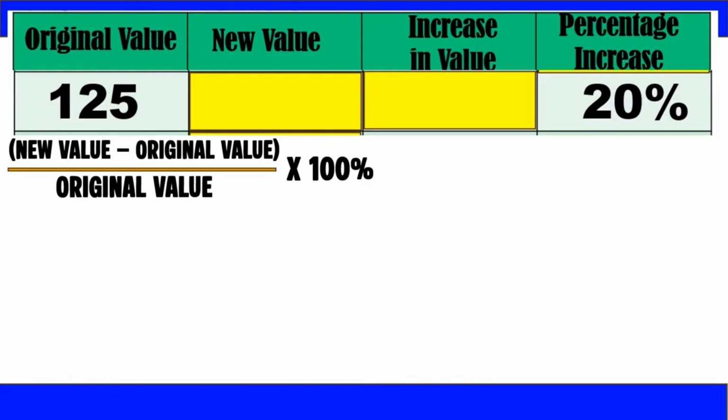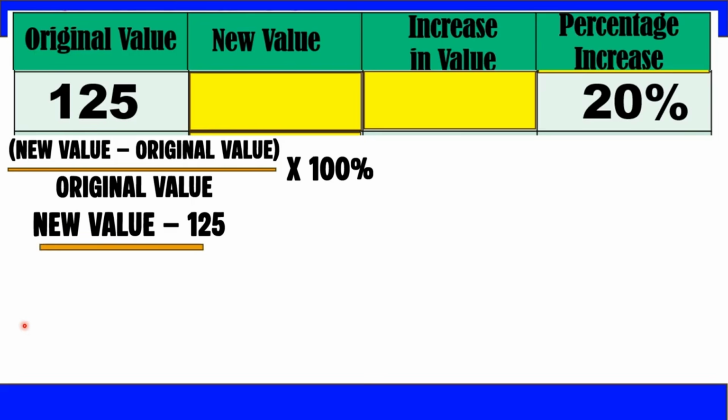Okay, we have the next example. Given in this table are the original value, 125, and the percentage increase, which is 20%. The missing values are the new value and the increase in value. Let's try using the given formula.